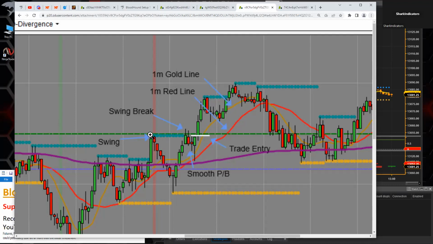Yeah, so there we go. We had a break of the swing high. We got a long bar up, a smooth pullback to the gold line. We can see it's kind of more of an orange line actually. So yeah, the orange goldish line, right? So that's going to be the 9 EMA. And we got a pullback to it. And so we did get a signal.